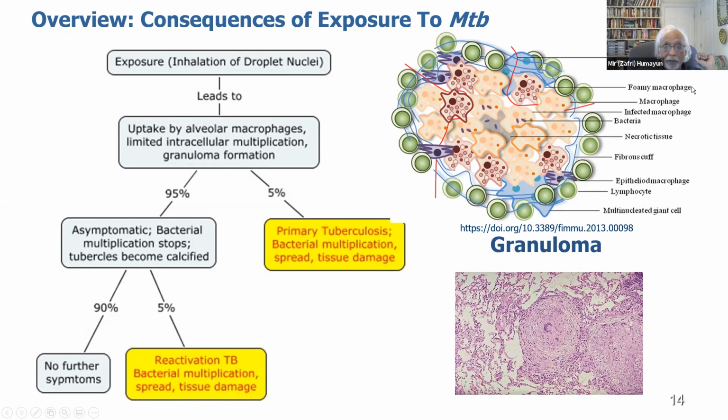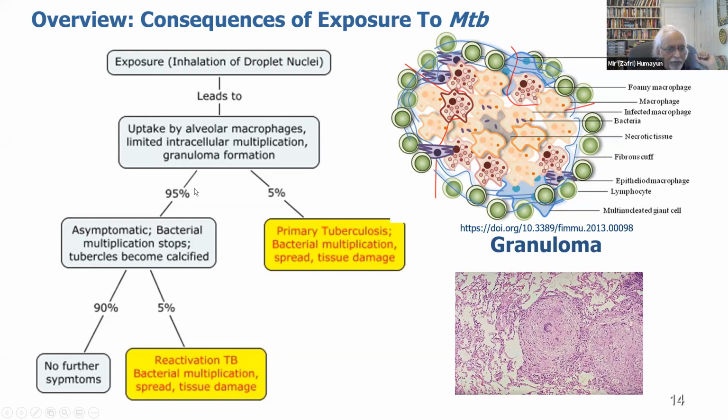We'll come to a granuloma, which is shown on the right-hand side, eventually, but for now, just stay focused on this chart. So initially, a limited amount of intracellular multiplication within macrophages leads to granuloma formation. After the granulomas are formed, there are two possible fates.